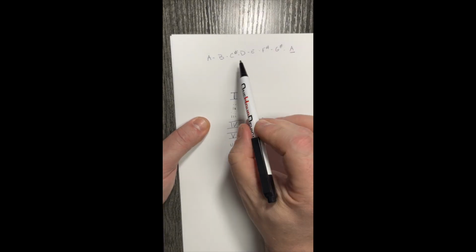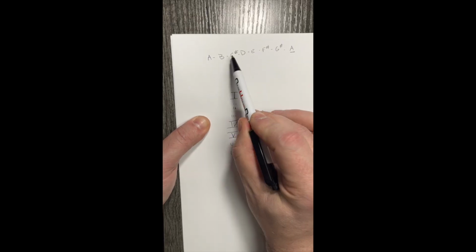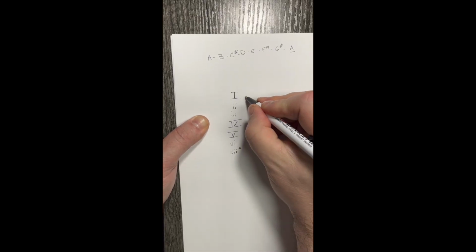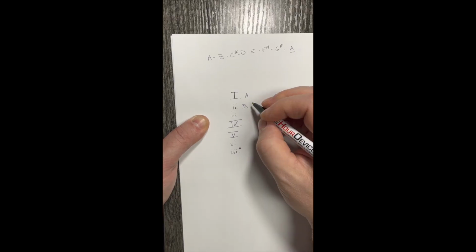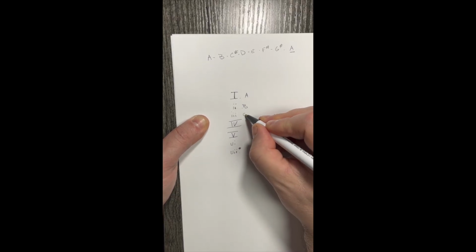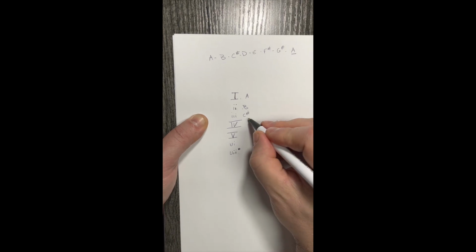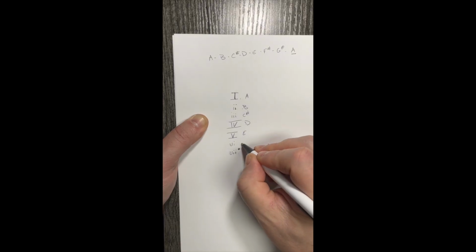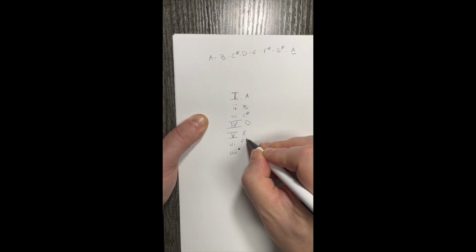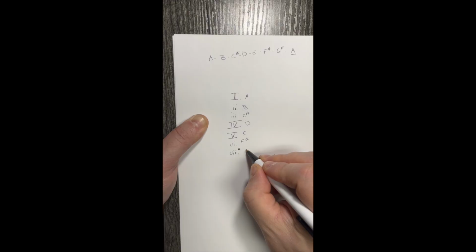And so you just take the notes here, and then you list them right next to the Roman numerals: D, E, F sharp, and G sharp.